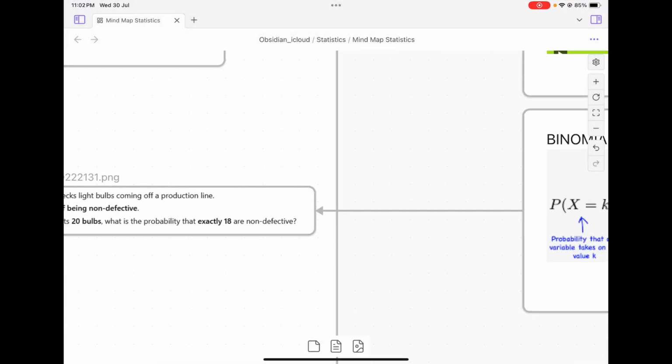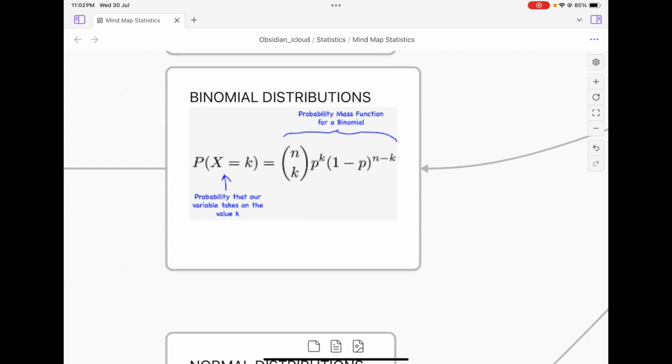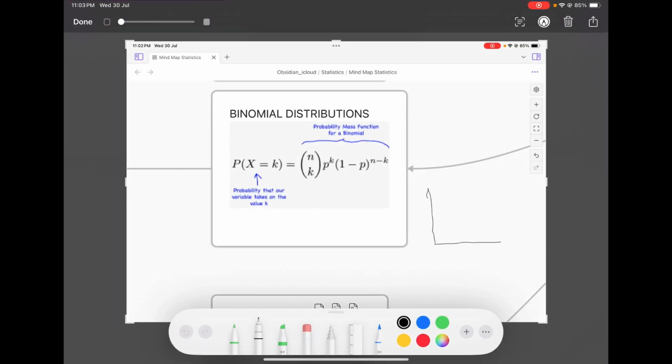Let us look at the formula once more. So this is the formula. P of x equal to k is the probability that our variable takes on the value k. Always remember, for any distribution, we are tracking the probability of numbers like x.